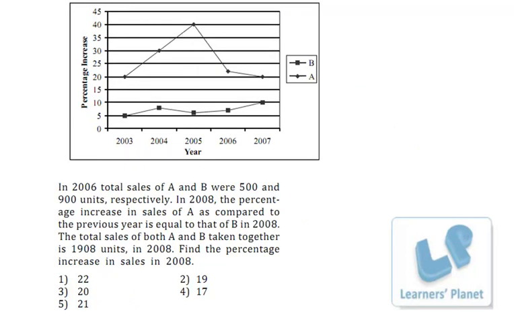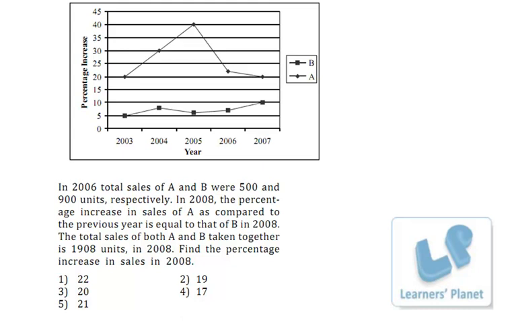In 2006, total sales of A and B were 500 and 900 units respectively. In 2008, the percentage increase in sales of A as compared to the previous year is equal to that of B in 2008. Okay, the percentage increase in 2008 is the same in both cases, A and B. The total sales of both A and B taken together is 1908 units in 2008. Find the percentage increase in sales in 2008.